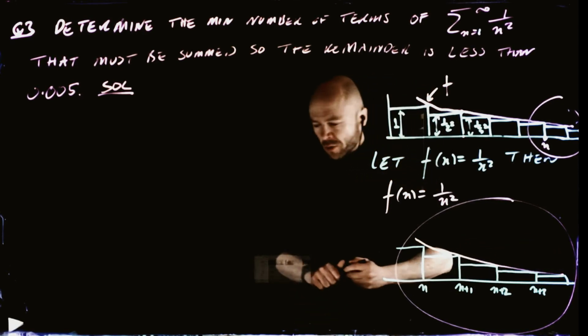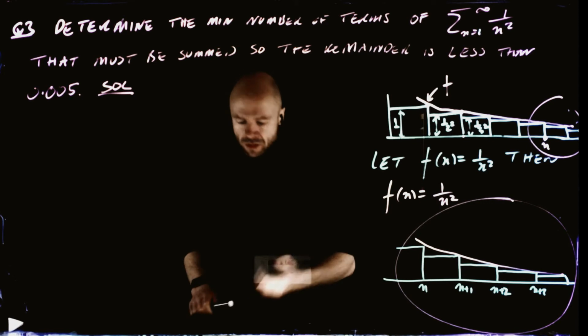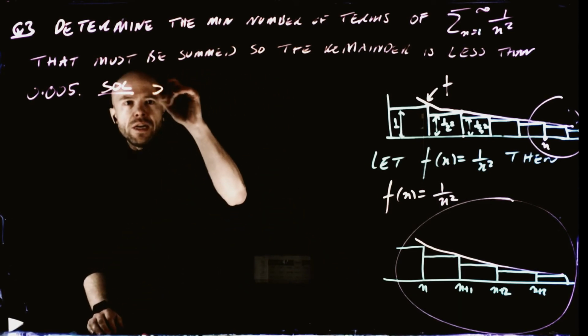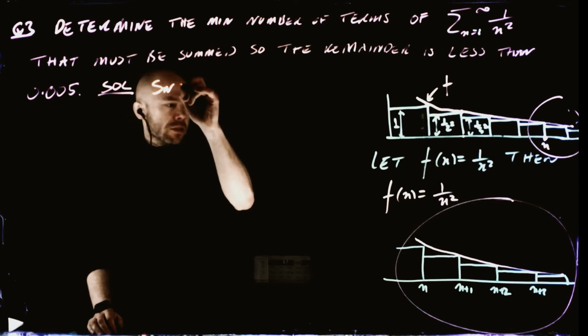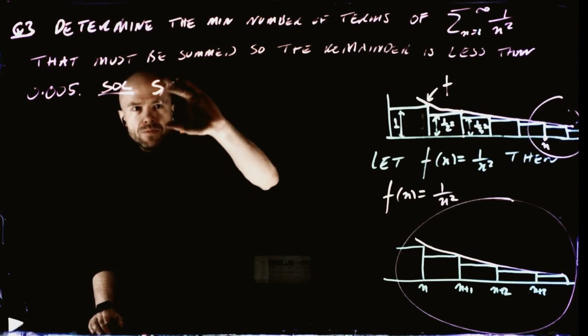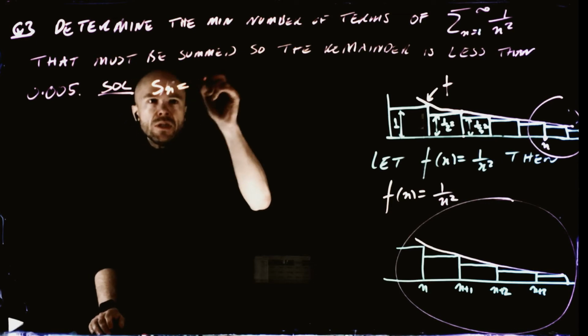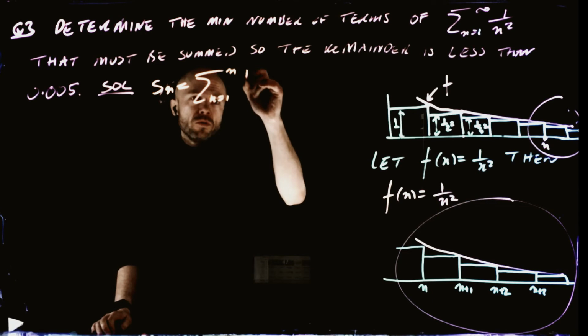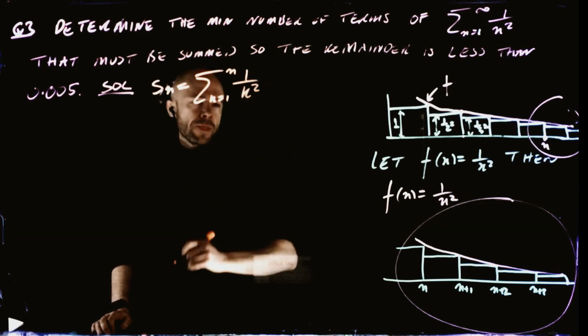Now if we want to find out how close the partial sum of the first n terms is, so S_n is the sum from k equals 1 to n of 1 over k squared, right?